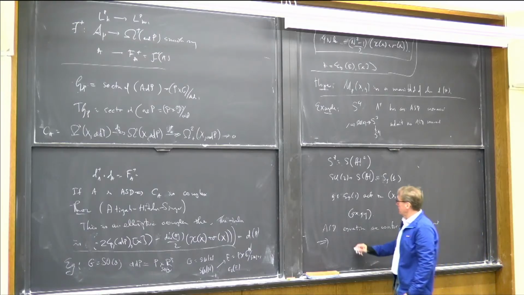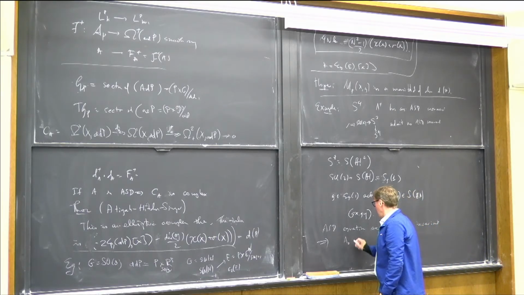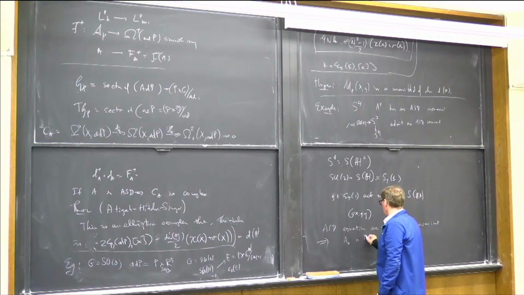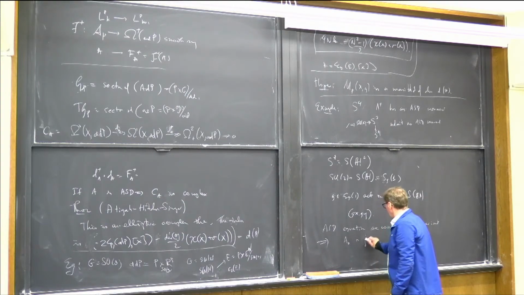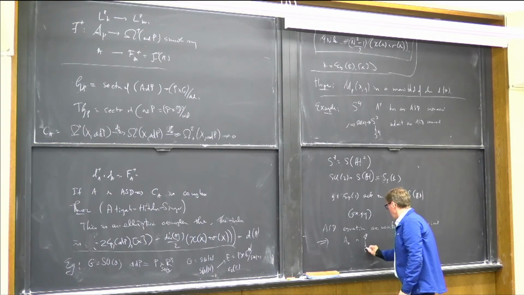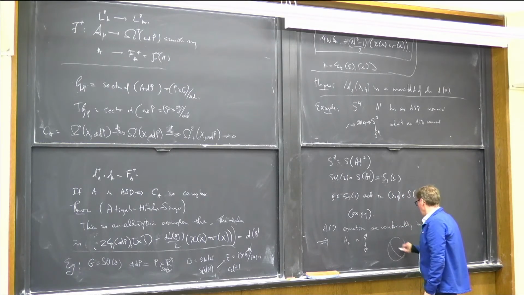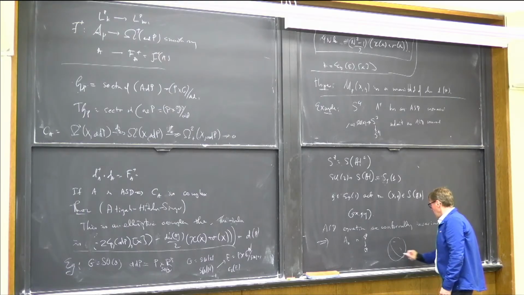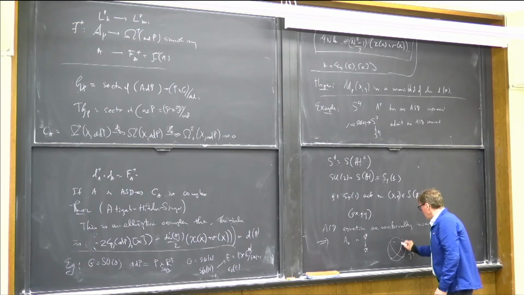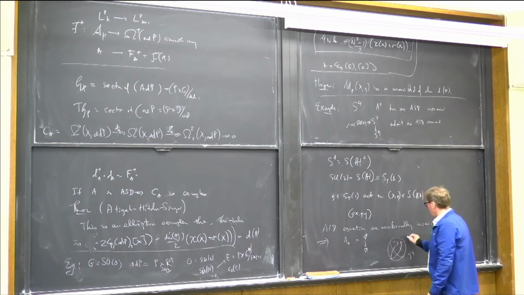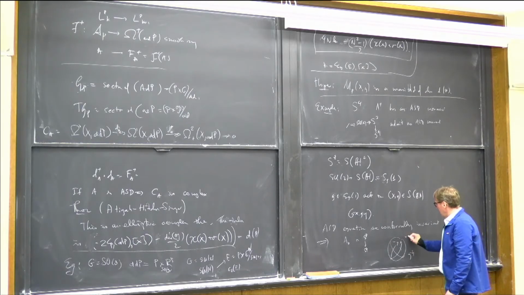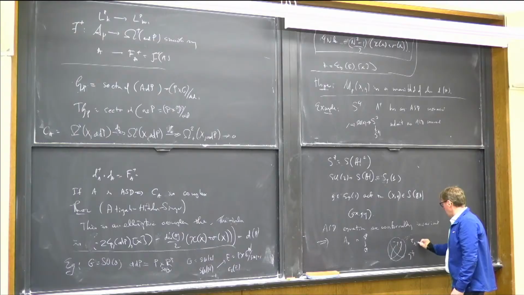That implies that if I have this A naught on S7 over S4, and if I can do a conformal rescaling towards some point on the sphere, pick a point on the sphere, and with some strength, I can do a tau.